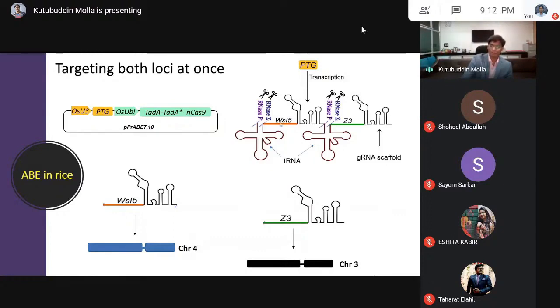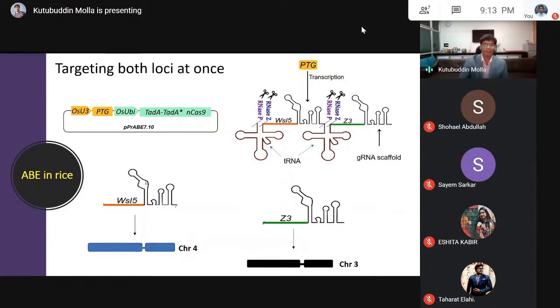When it is transcribed, any eukaryotic cell has these two enzymes, RNase P and RNase Z. They cut out the tRNA, and then this guide is separated from the other guide.